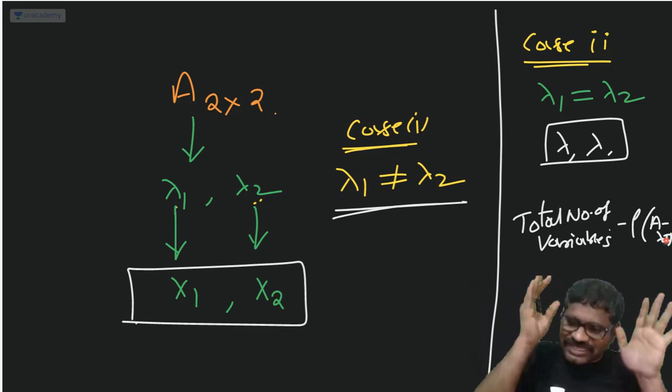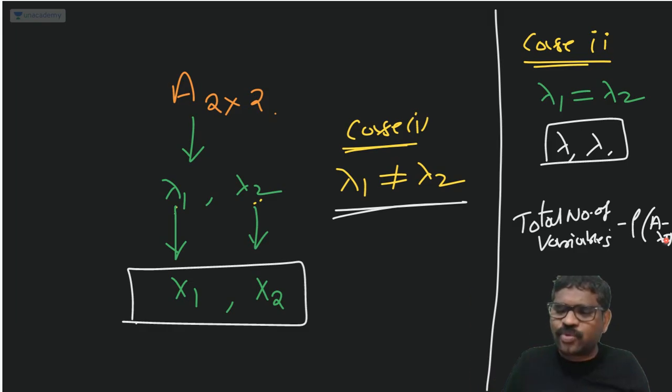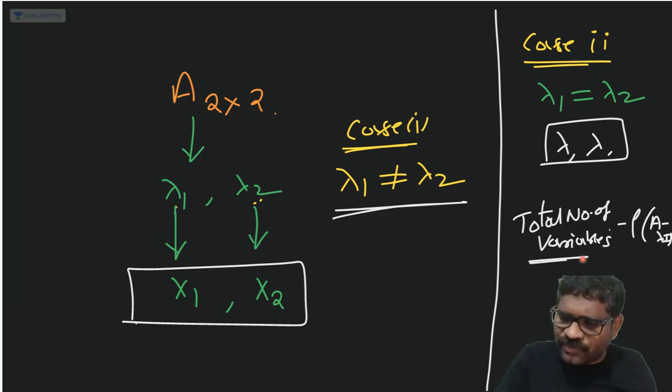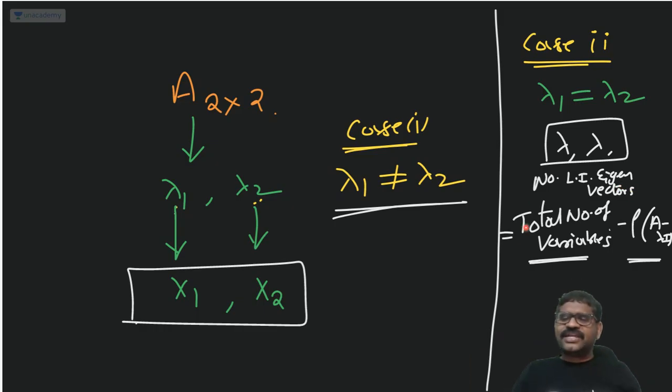If you write only rank in your notes, you might calculate the rank of A. That's why write rank of A minus lambda I. Total number of variables minus rank of A minus lambda I gives you the number of independent eigenvectors. That is what we call free variables. Catch my point?